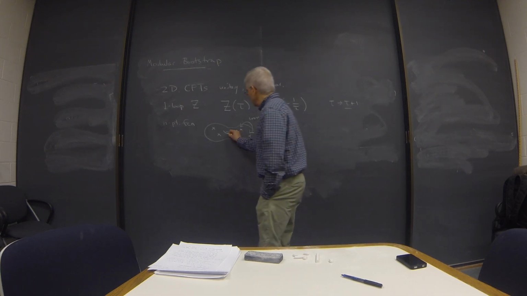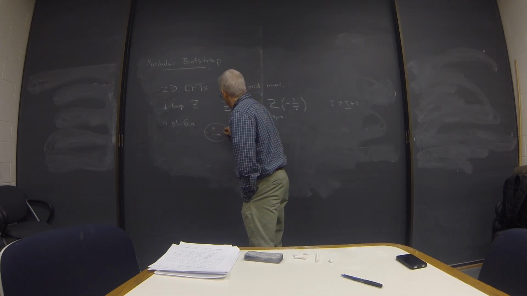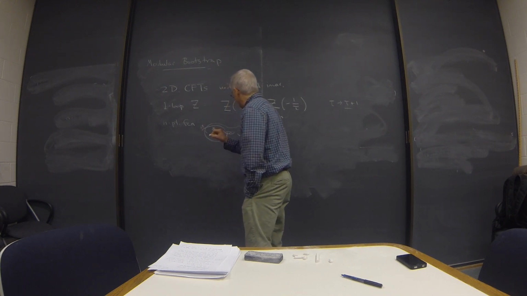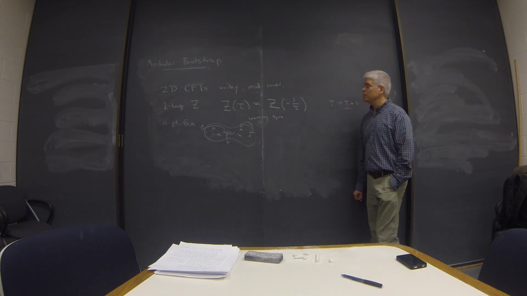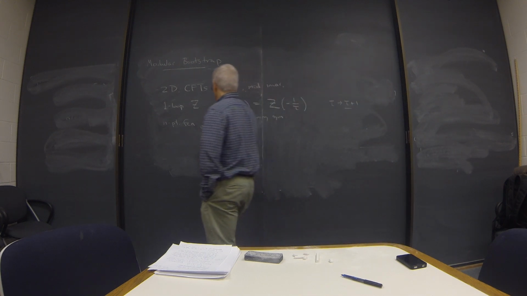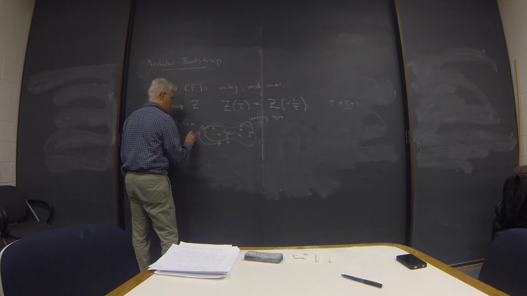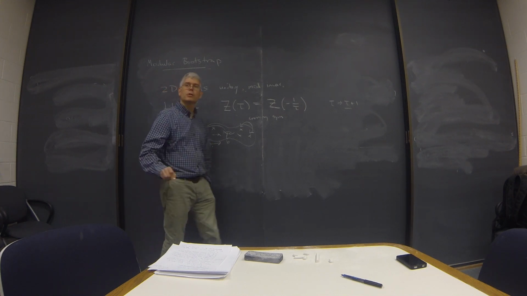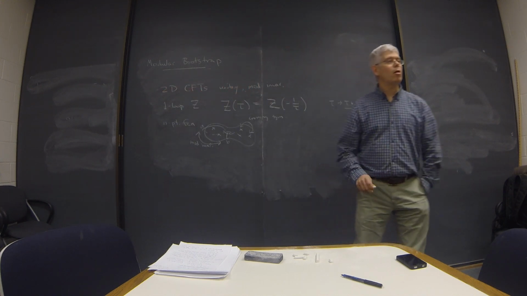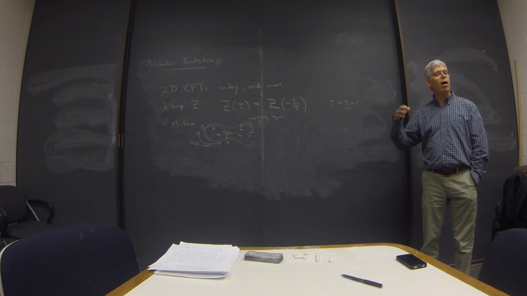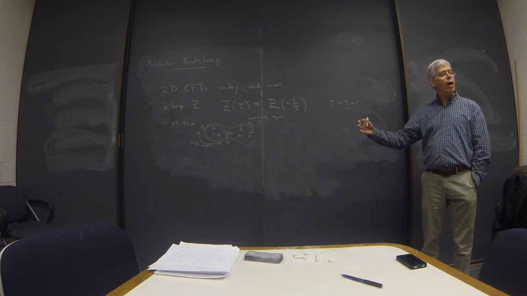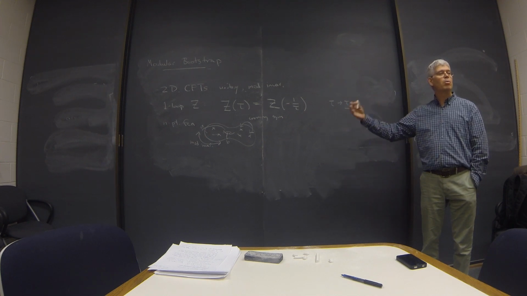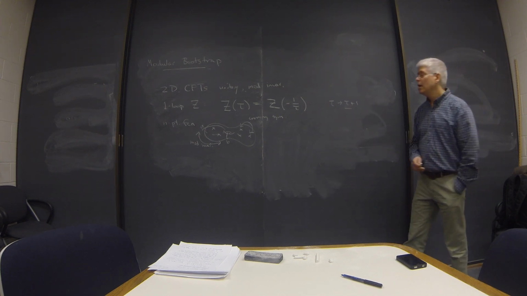And on the other hand, modular invariance is going to interchange the cycles of the Riemann surface. So both types of symmetries are required in order for the CFT to be defined consistently on arbitrary Riemann surfaces.